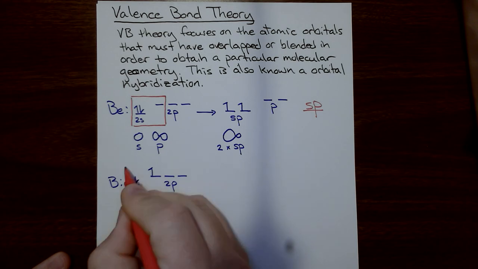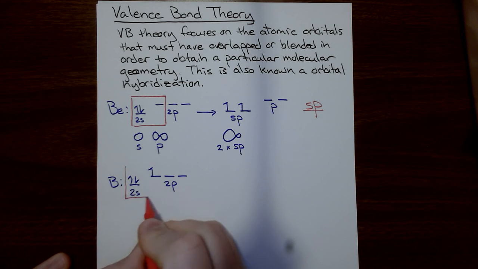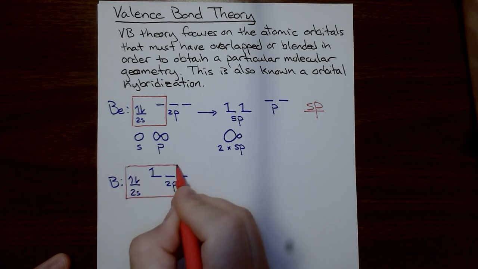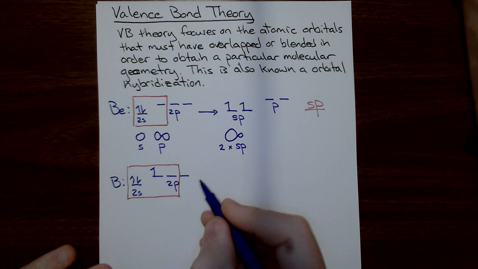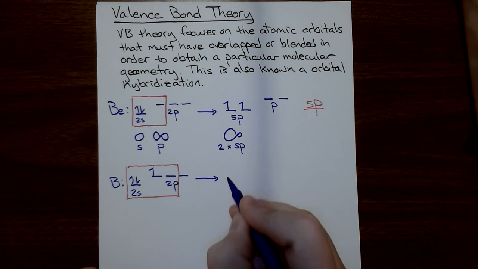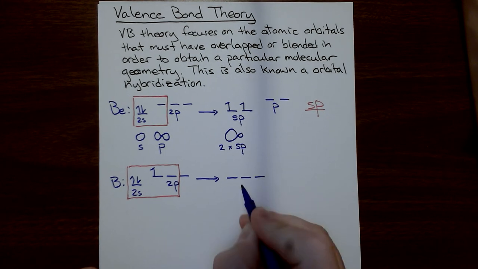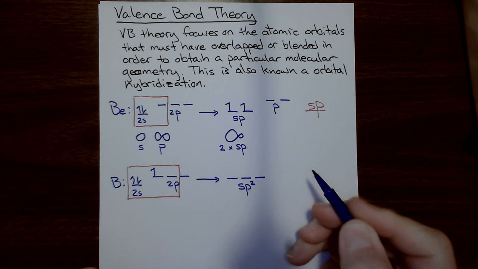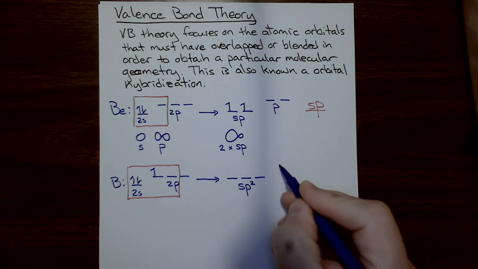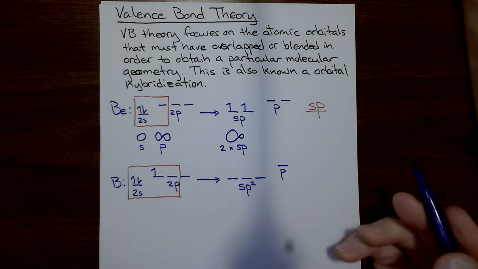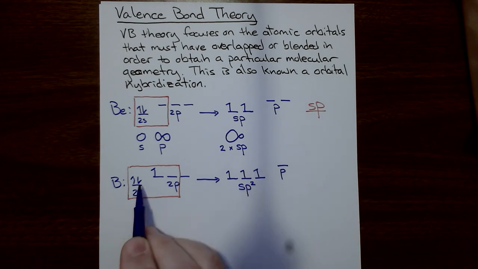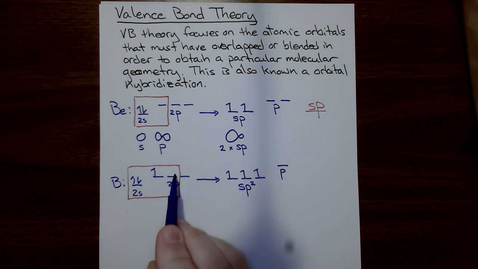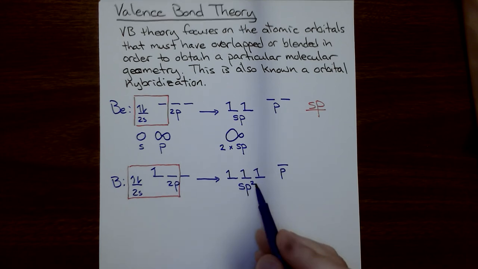So it will hybridize this s orbital with 2 of the p orbitals to make 3 sp2 hybridized orbitals, and then leave the single p orbital by itself up here. And then we have 1, 2, 3 electrons. So it just takes this electron and puts it in that orbital. But now they're all of equal energy.